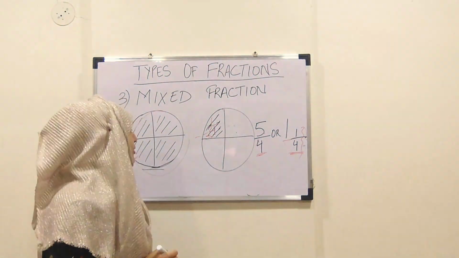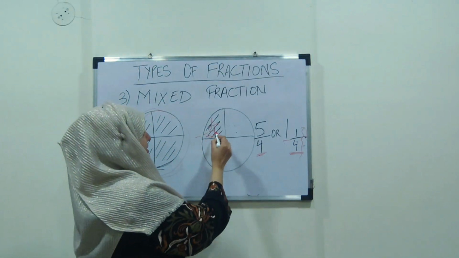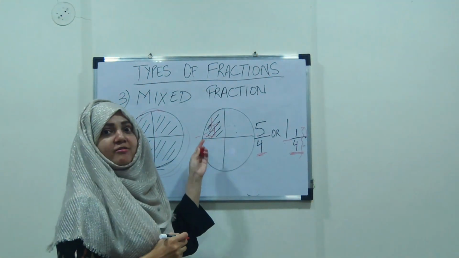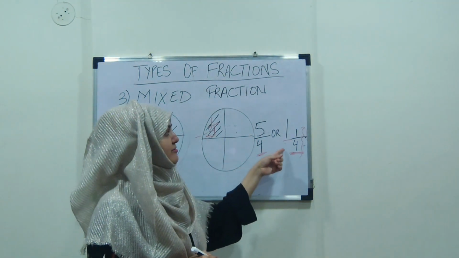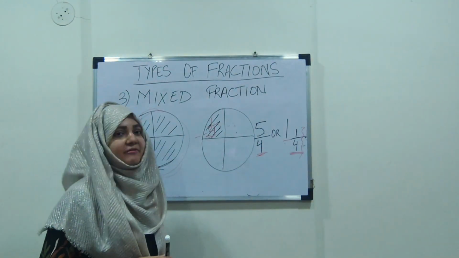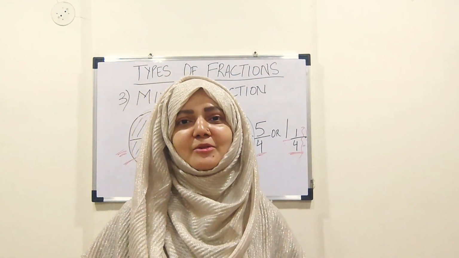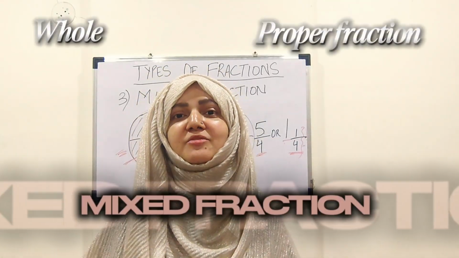Yes, we can write it because I have eaten one whole pizza and 1 slice from the next pizza, and the size of each slice was 1 by 4. So we can write 5 by 4 as 1 and 1 by 4 as well. So here you can see that we have one whole and a proper fraction together. Whenever we have a whole and a proper fraction together, we call it a mixed fraction.